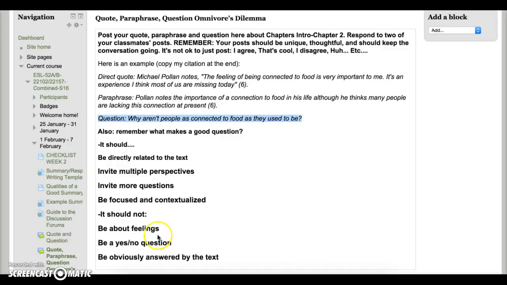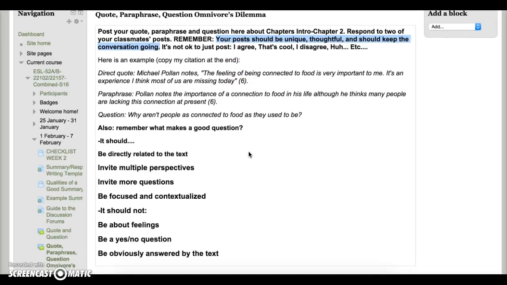I've included all of the things we came up with in class about what makes a good question, and remember that your post should be unique, thoughtful, and should keep the conversation going. You don't want to just say, I agree, I disagree, that's cool. You want it to really keep the conversation moving.